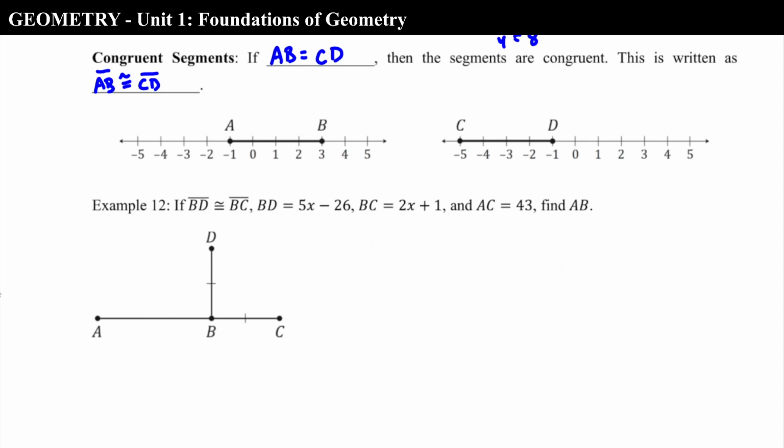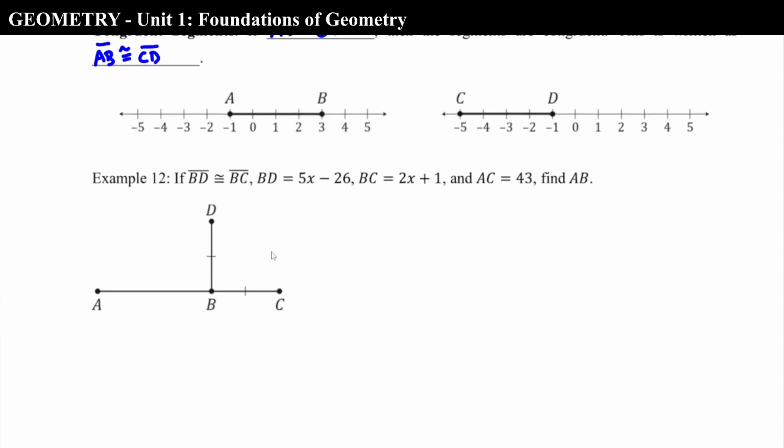So let's use that to try this example. If segment BD is congruent to segment BC, which is notated here with the tick marks, BD equals 5x minus 26, so that's the length here. BC equals 2x plus 1, so that's the length here.